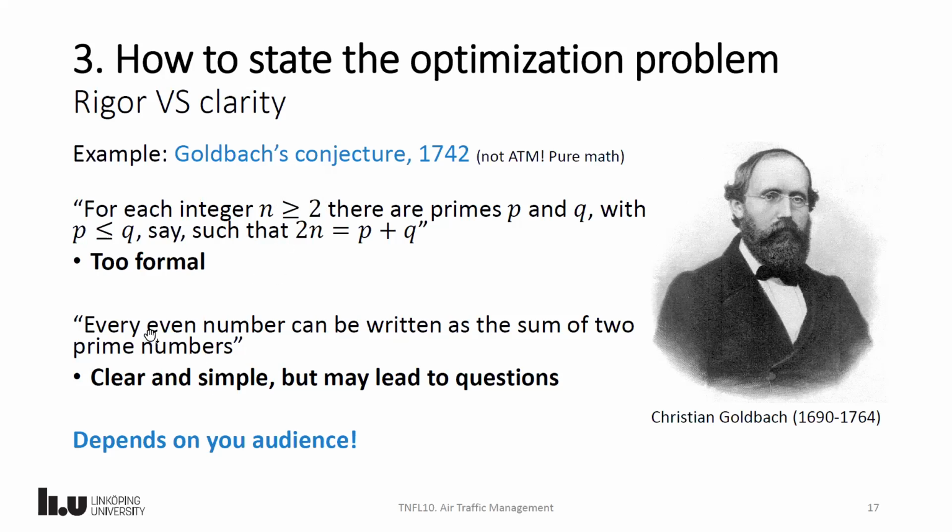So in this formulation, they answer a question that in here they don't. Or, for example, another question that you may ask: do the two prime numbers have to be different, or can they be equal? Well, in this formulation, they say that they can be equal. So in this formulation, they don't. So again, this is clear, this is simple, this is fast, but it may lead to questions.